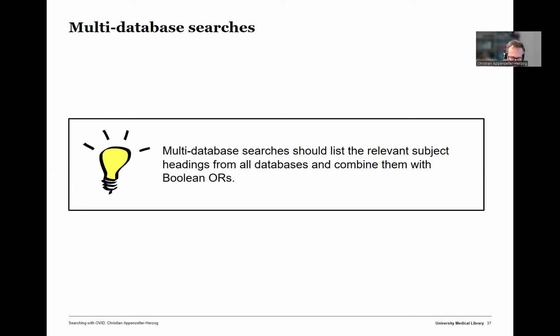And we will add MeSH terms or relevant entry terms or relevant PsycInfo headings. We add them all into the same string. And then we can run the multi-database search in all the databases together. And this will then guarantee a comprehensive coverage from each of the different databases. So that's important to remember.